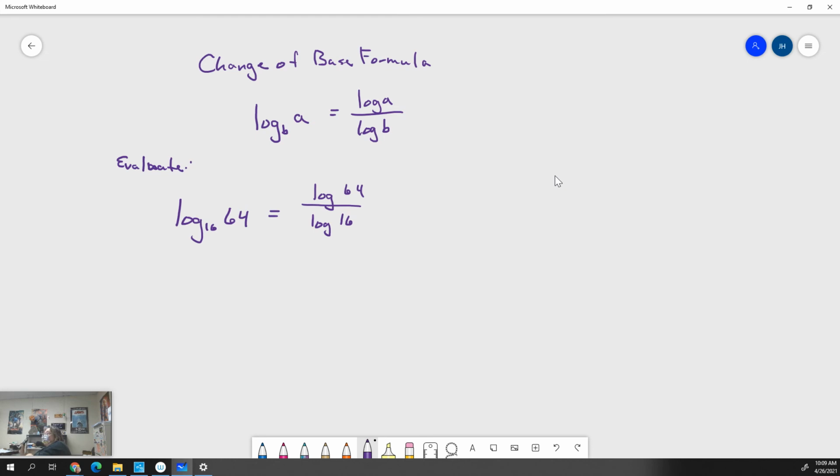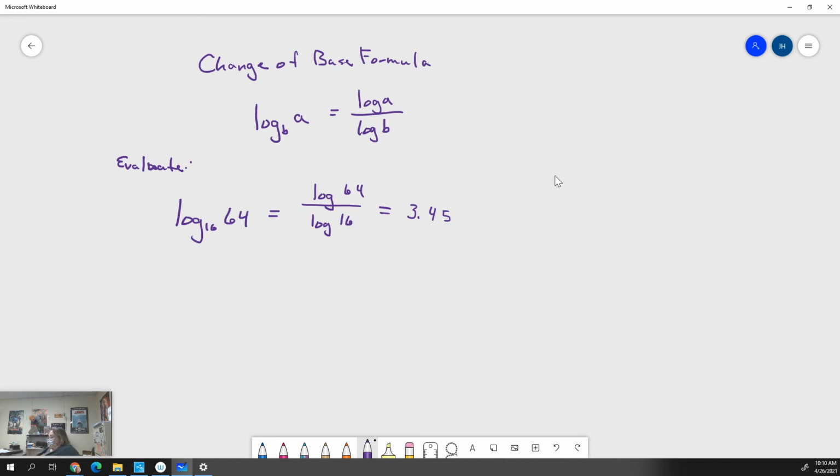And then I could hit divided by and hit log again. And I get another parentheses. And I could put in 16 and end the parentheses. And then it's going to give me 3.45. And that would be my solution. When I'm evaluating, what I'm looking for is a solution. And that would be 3.45. It goes on, but we can round things.